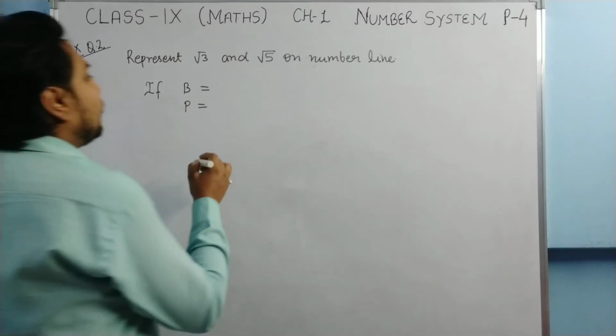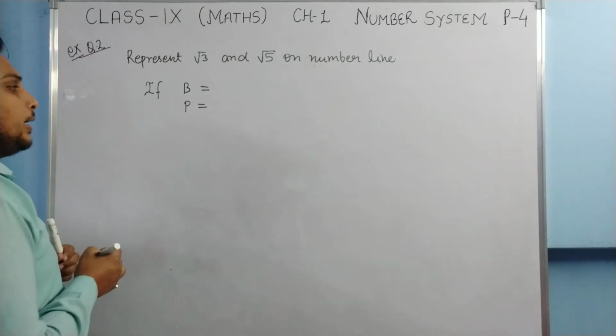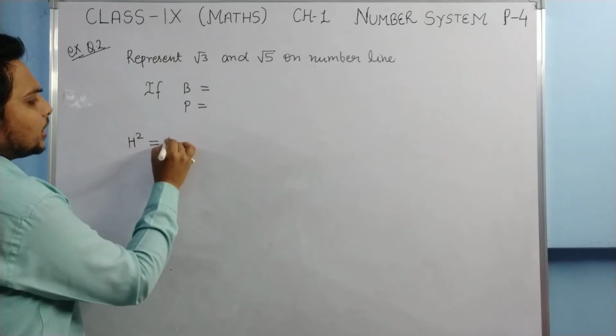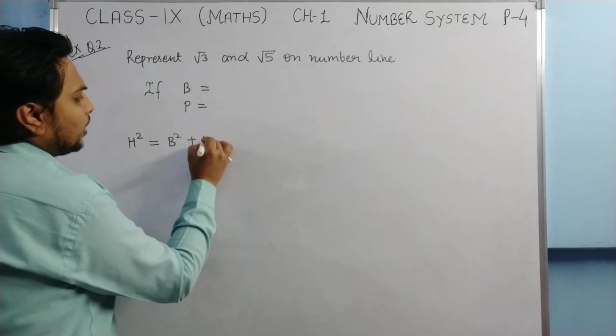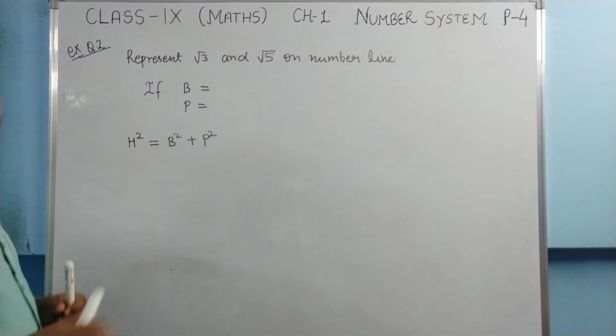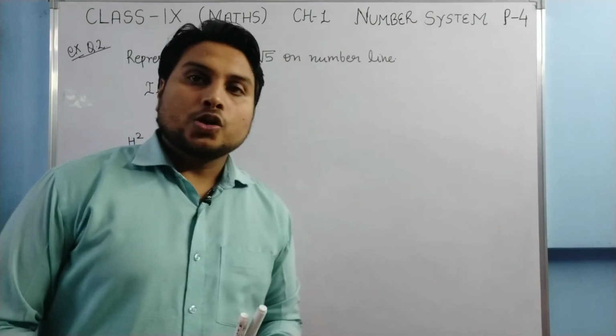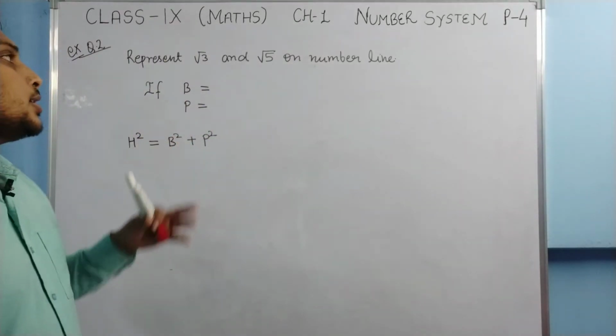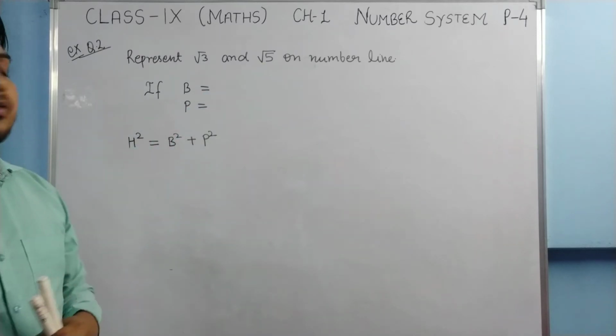So what values will we take? The Pythagoras theorem is: hypotenuse square is equal to base square plus perpendicular square. So what values of base and perpendicular do we take such that the hypotenuse gives 5?